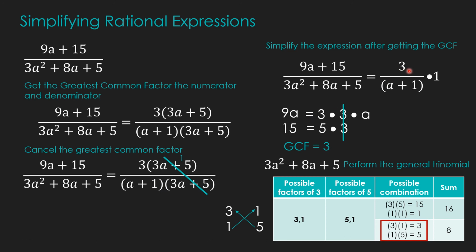Mao ni siya, no? Si 3 over a plus 1 times 1 is simply equals to 3 over a plus 1. So, the simplified form of our rational expression 9a plus 15 over 3a squared plus 8a plus 15 is equals to 3 over a plus 1.